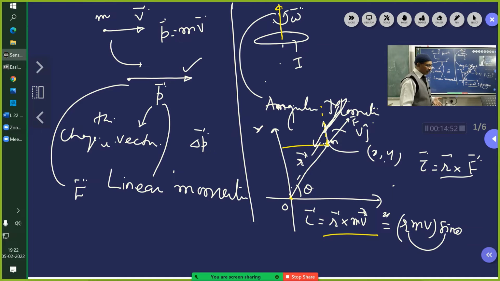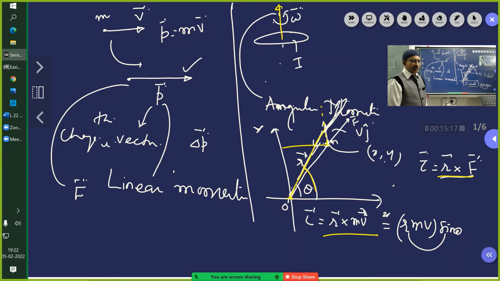Both will not increase. See, it is very simple. Torque is R bar cross F bar. You can see here the magnitude of R is increasing, but theta is also increasing.